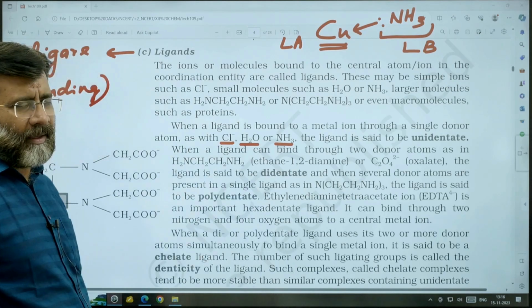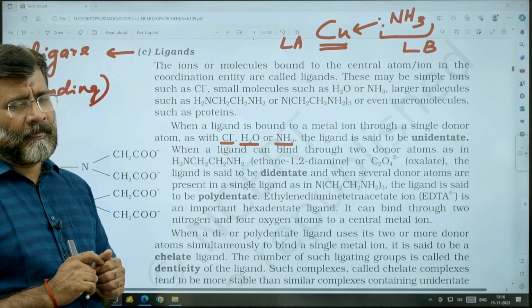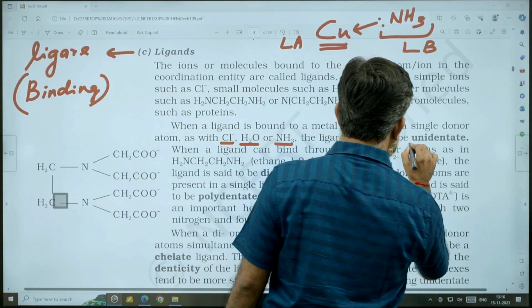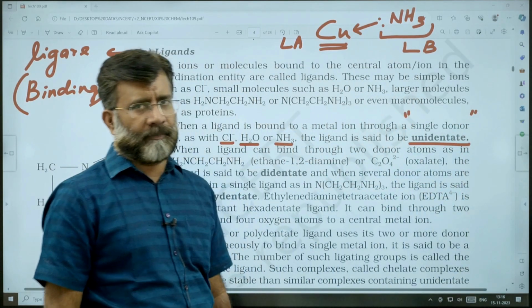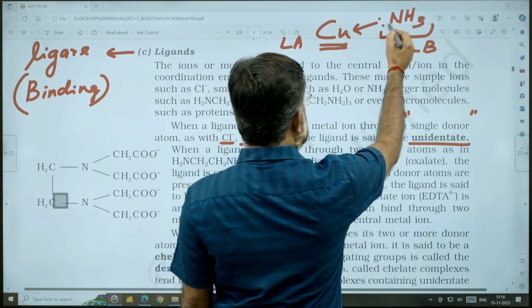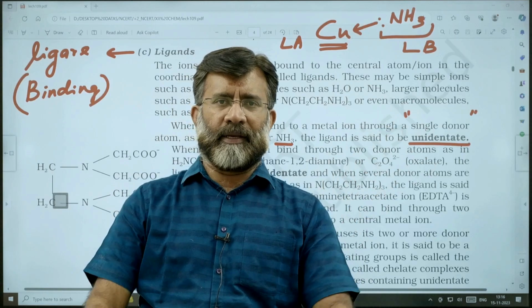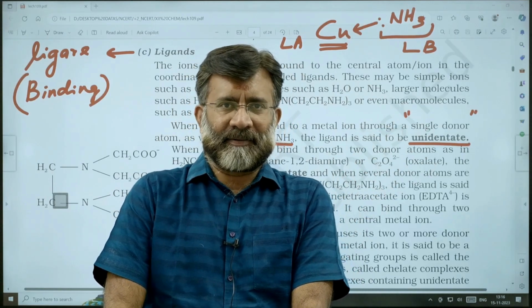They are simple ligands which make only one binding, and they are called unidentate, which contain only a single donor atom. In ammonia, nitrogen is the single donor atom, and it is called unidentate, monodentate. Is it clear?